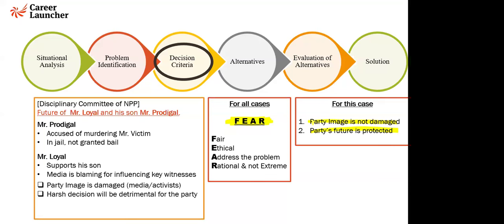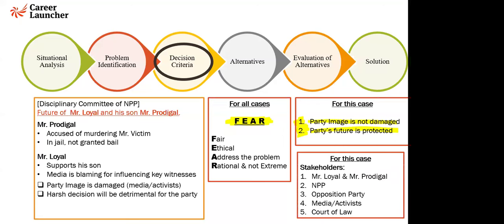So what I want you to remember is that criteria is given in two places. One, inside the passage itself. For example, if I read the passage, then these are the criteria which will come out. That means the party image to be taken care of and party's future be taken care of. Why am I talking about party future? Because a harsh action against Mr. Loyal is going to be damaging for the party, because Mr. Loyal has significant following inside the party.